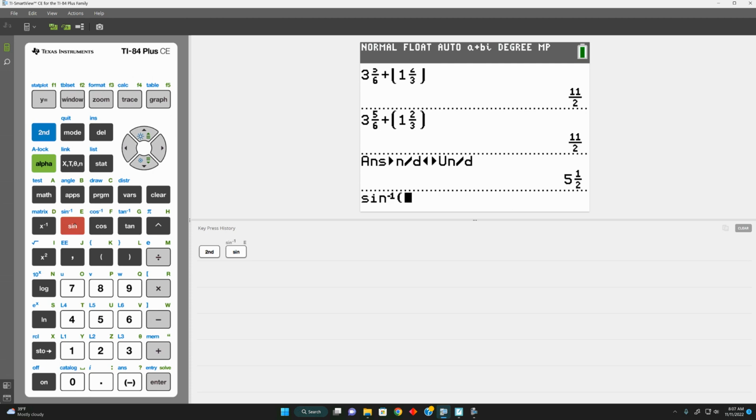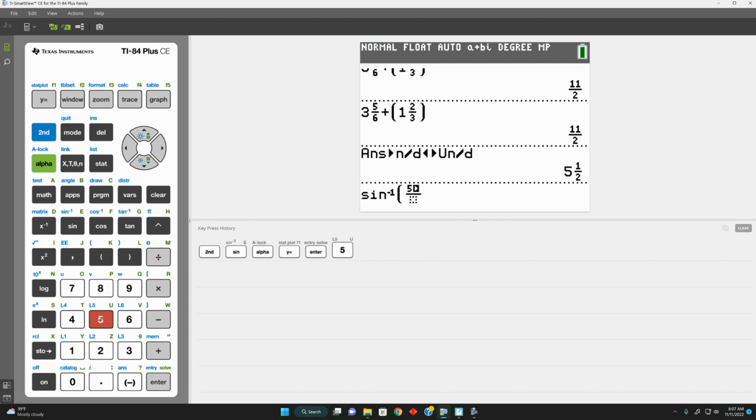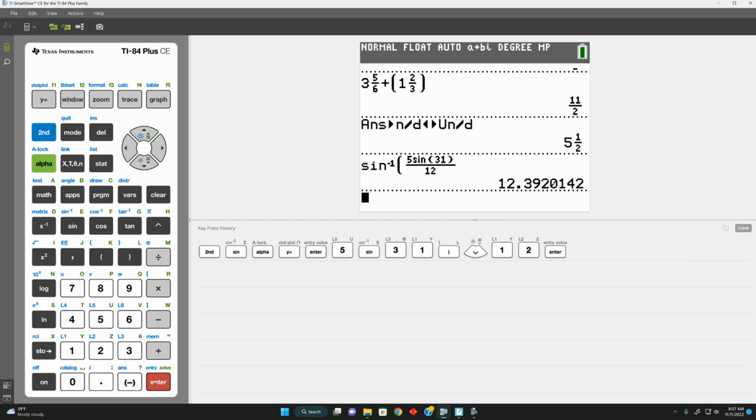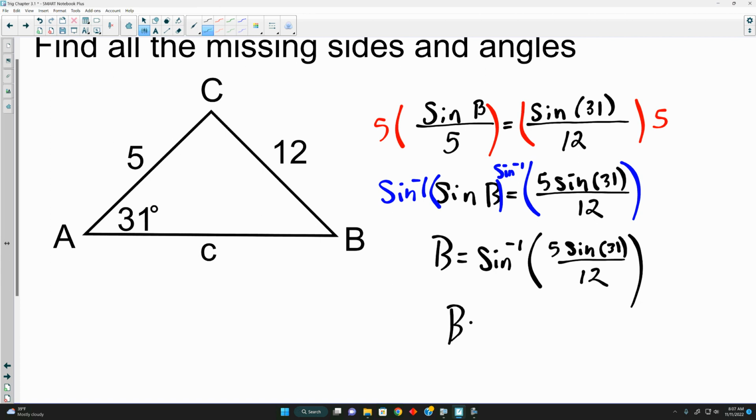So second, sine inverse, 5 sine of 31 over 12. We'll go to the nearest tenth, still 12.4 degrees. Questions on how we got any of this here? So angle B is 12.4 degrees.